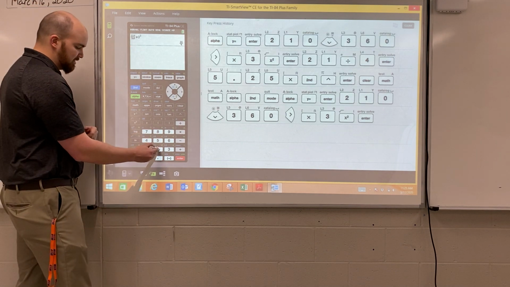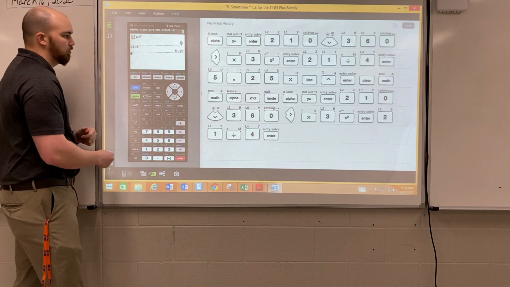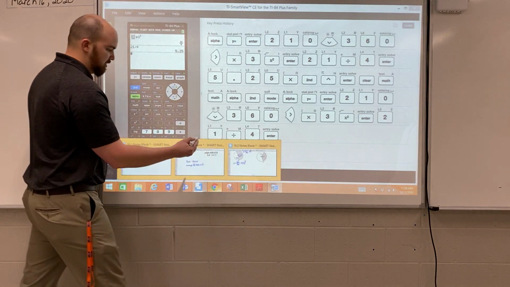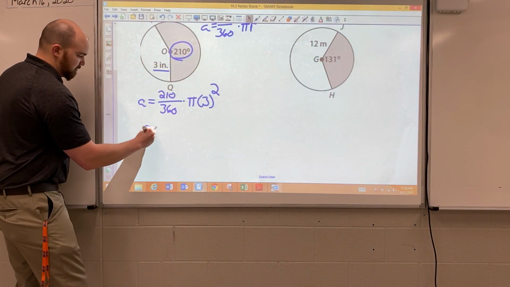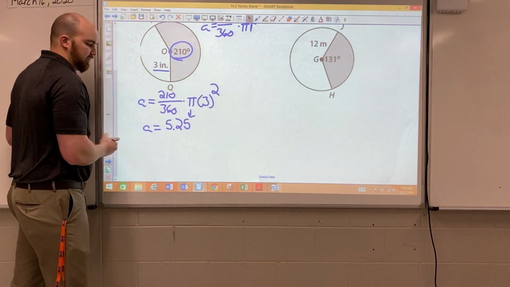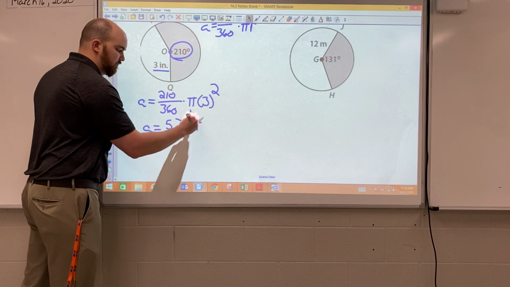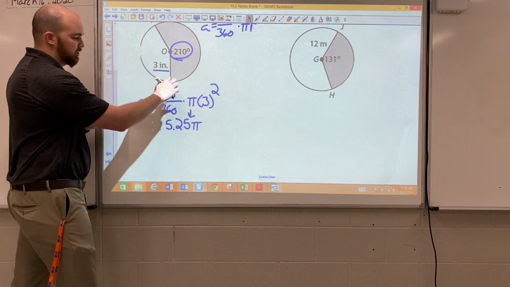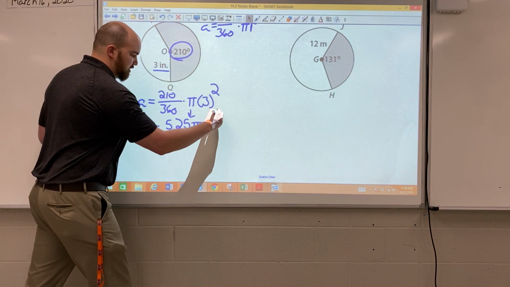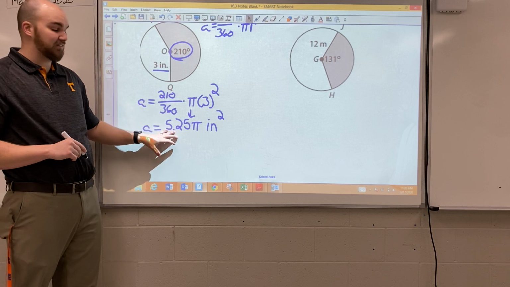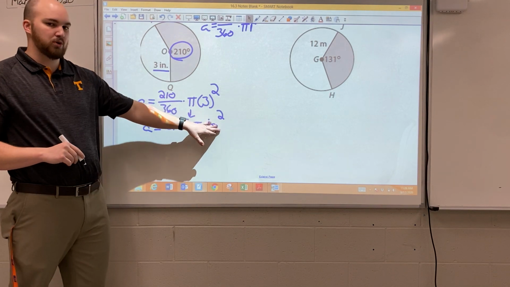Let's make that a decimal. We can do 21 divided by 4. We get 5.25. Now the biggest mistake people make here when we're doing terms of pi, we do 5.25, but we forget we have to bring down that pi symbol. So it's 5.25 pi. Now remember, this is area, so we have to do our units squared. So this would be inches squared. Okay, so in terms of pi, we get 5.25 pi inches squared.